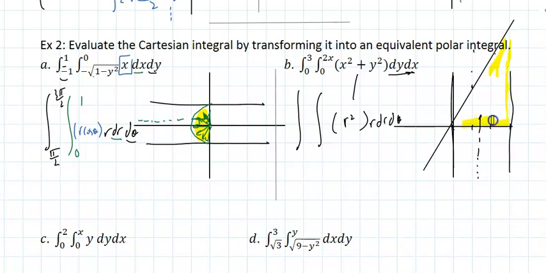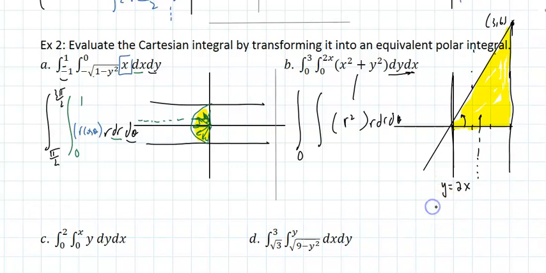Now I'd rather do rectangular, right? But that's not what they want. So in this case, we know theta is going to run from 0 to y equal 2x. So that point is 3, 6.